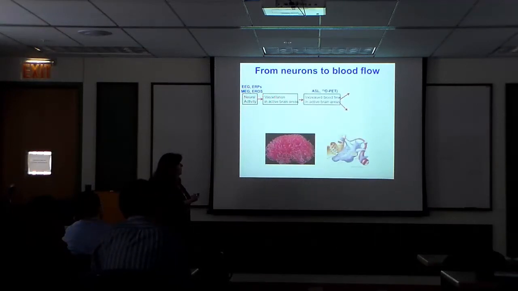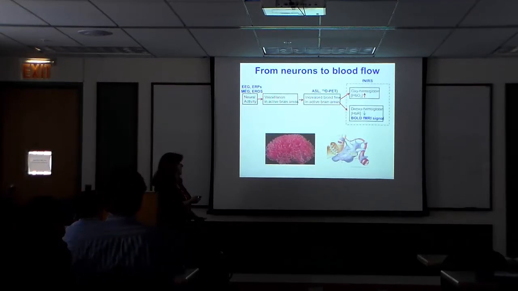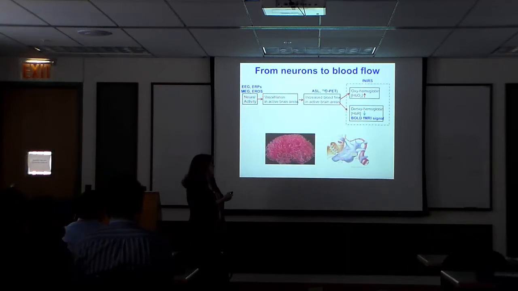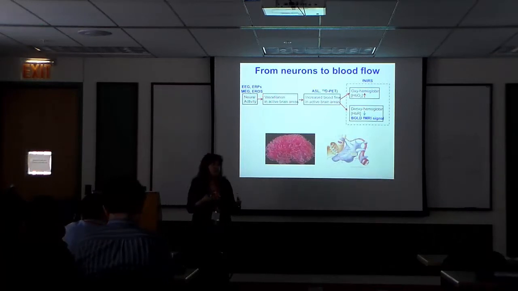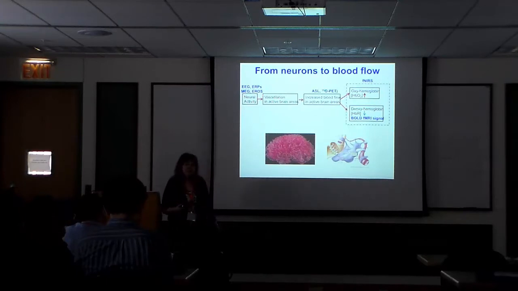And then you have an increased blood flow because of that, which is the hemodynamic response to neuronal activity. And in the end, what you have is an increase in oxyhemoglobin, because the new oxygenated blood that feeds the active area flushes out the deoxygenated blood from those areas.